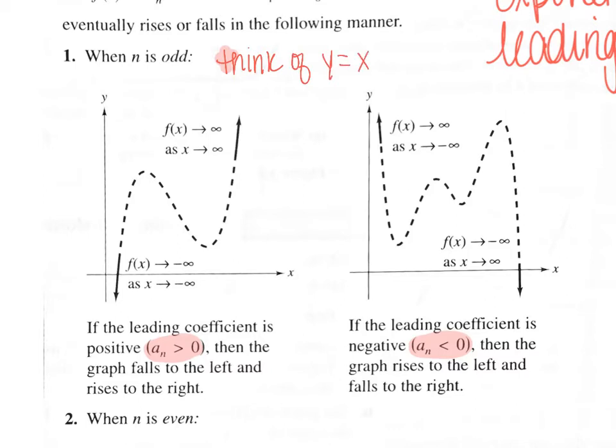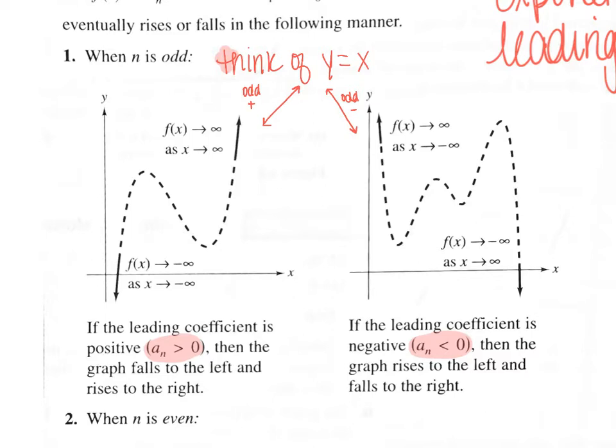Now we know when A is positive, we have a positive slope, right? That's the number in front of x. So this is odd and positive. When it's odd and negative, it's like having a negative slope. So odd and negative, okay? That's the easiest way to break this down and to visualize it.